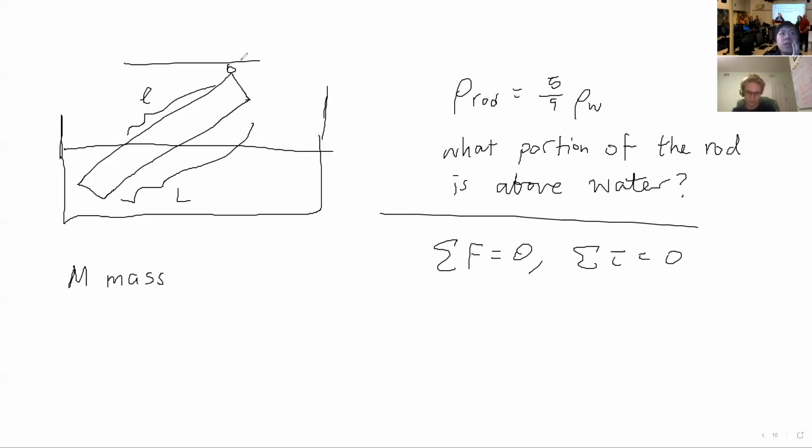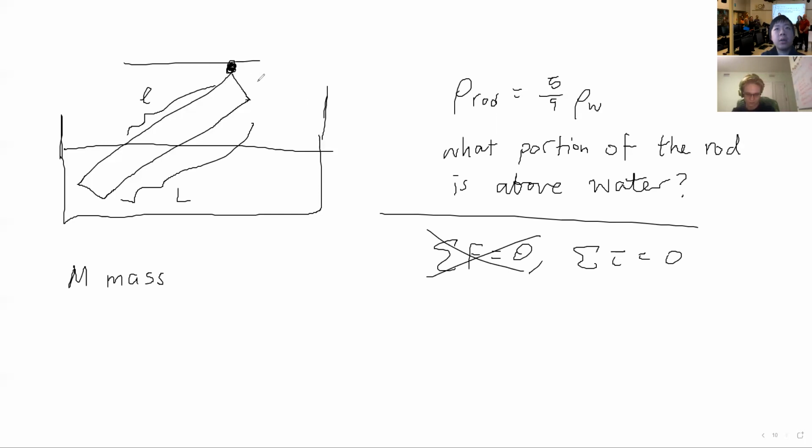However, because of this hinge, which is attached to the ceiling, we can actually disregard the sum of F equal to 0, because we don't actually know what translational forces the hinge has on the rod.